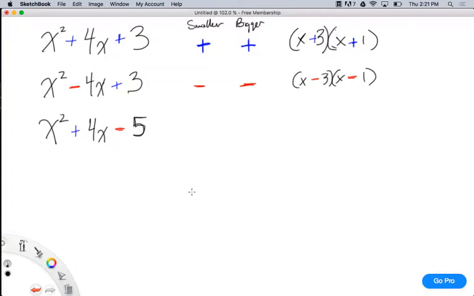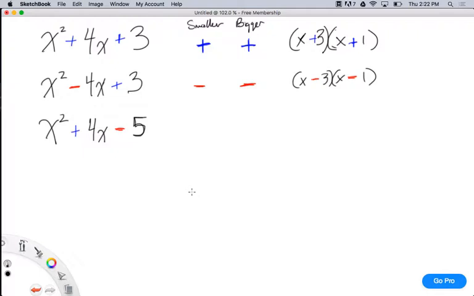Well, now that last sign is negative, right? So I know they have to be either same or opposite signs. Which one will they be? Opposite. One has to be positive, one has to be negative, because they'll multiply to be a negative. A positive and a negative multiply to make a negative.